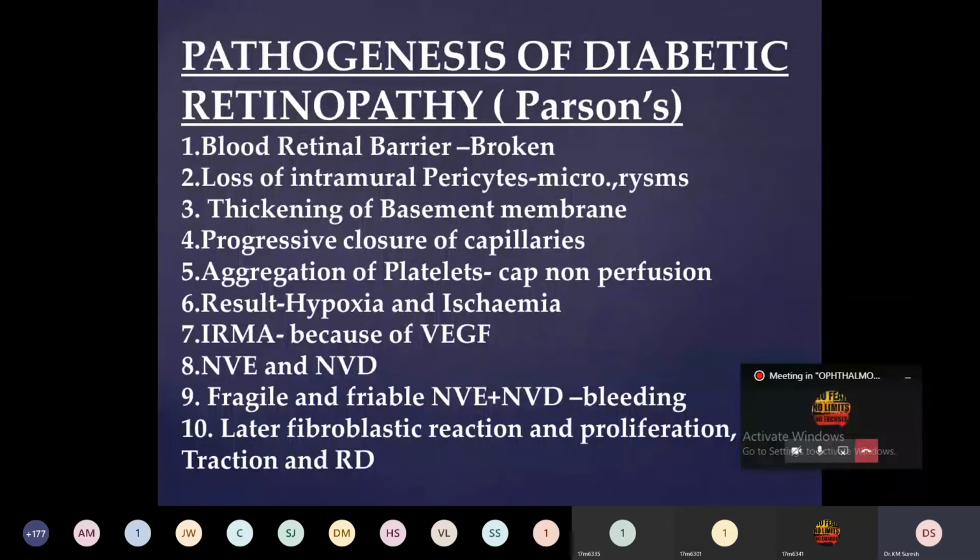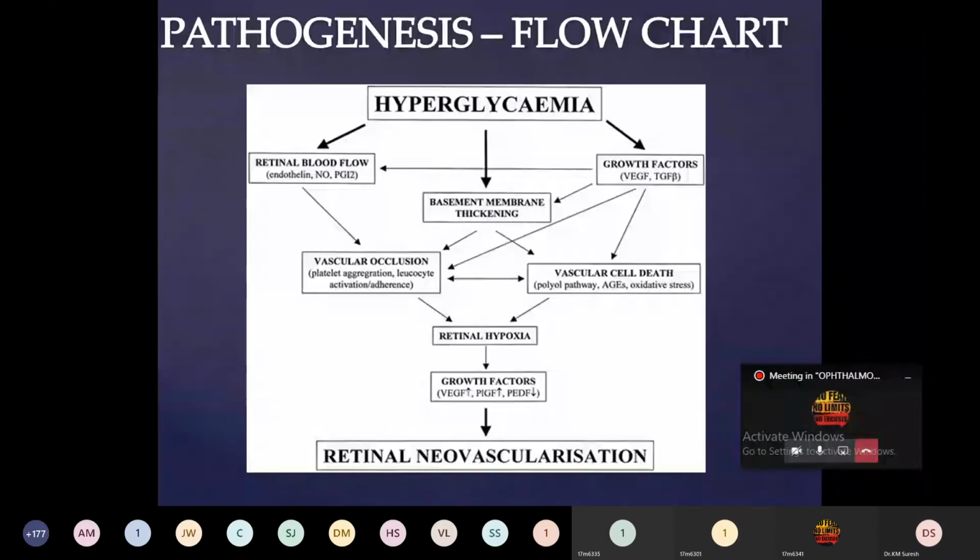If you understand the pathogenesis of diabetic retinopathy in these 10 steps, it's very easy to understand the whole of diabetic retinopathy along with its treatment. This is a flow chart of the same thing which I've explained. So you can use this flow chart to figuratively describe the pathogenesis of diabetic retinopathy.